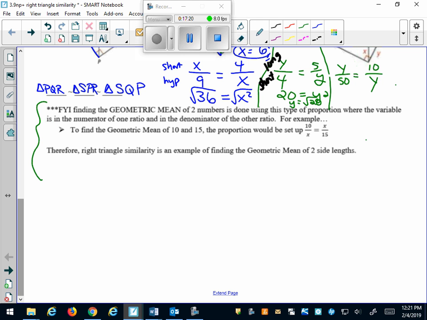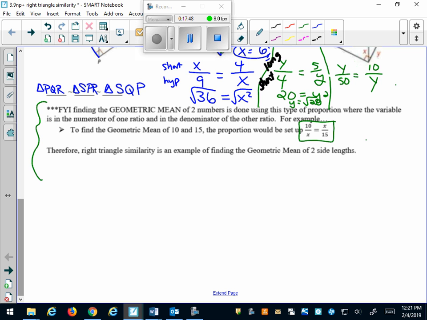This is a different kind of mean. It's called the geometric mean. And the geometric mean can be found of 2 numbers. Now, if you Google this, you're going to get a really big, long, complicated formula, an explanation, but to simplify it, the geometric mean of 10 and 15 can be solved using this proportion.